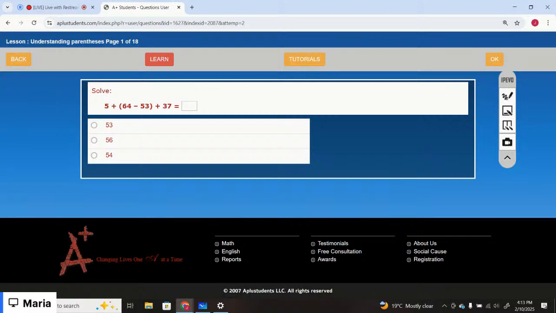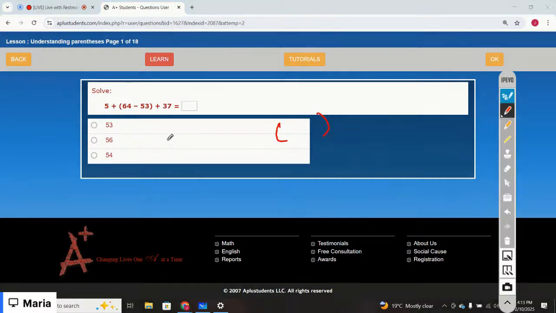5 plus 64 minus 53 plus 37. So the first thing is you have to solve the parentheses. 64 minus 53. 64 minus 53 is 9. 5 plus 9 plus 37.